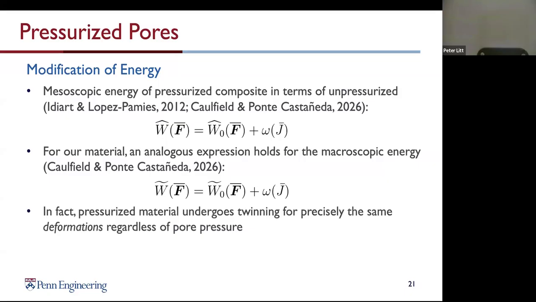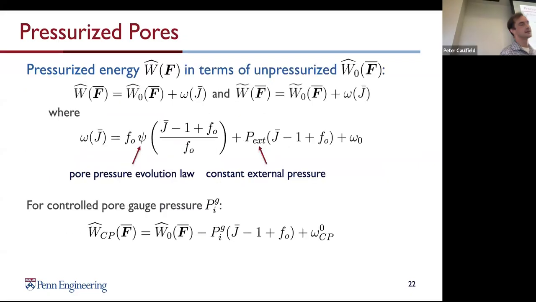Yes. The pressure that you are prescribing in the pores, is the pressure prescribed from outside? So it could be anything. In fact, maybe I'll just go to the next slide. So this W of J takes this form. This C is your pressure evolution potential.